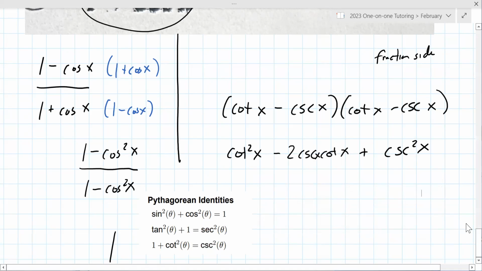I apologize. So let's look at the middle one here. Cosecant is 1 over sine, and cotangent is cosine x over sine x, like that.